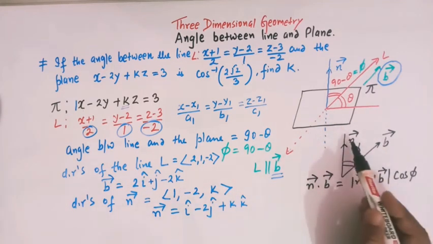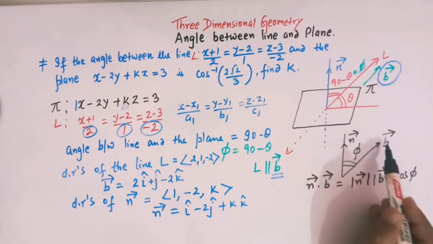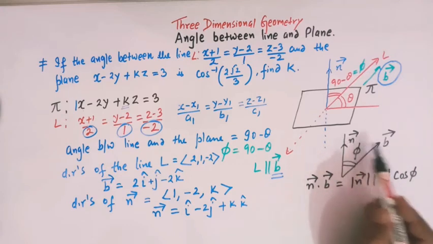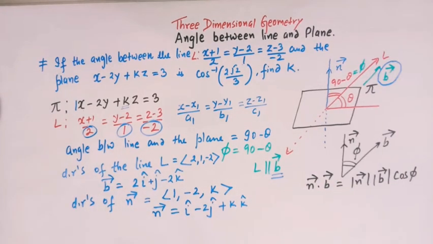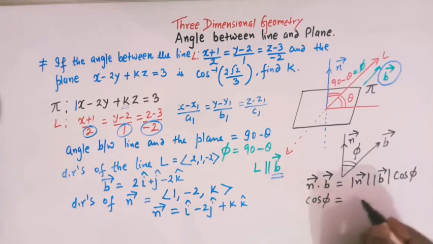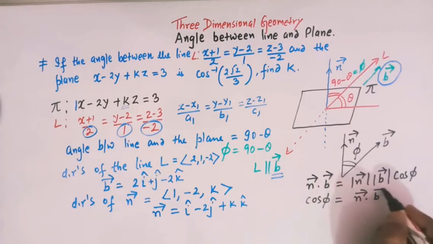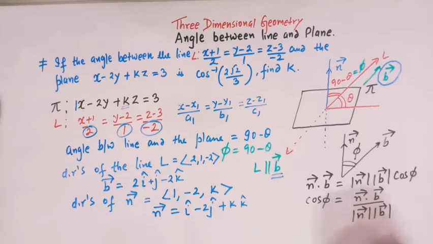So cos phi is equal to vector n dot vector b divided by the magnitude of vector n and the magnitude of vector b.